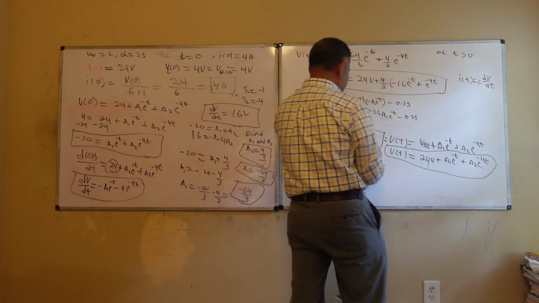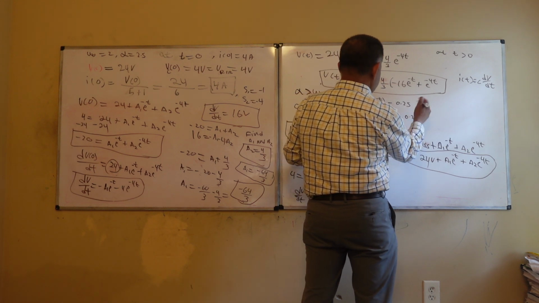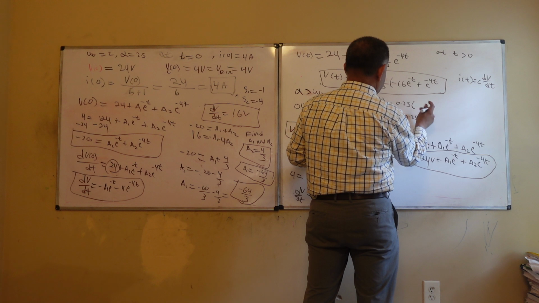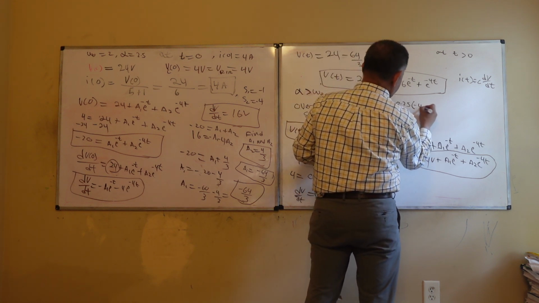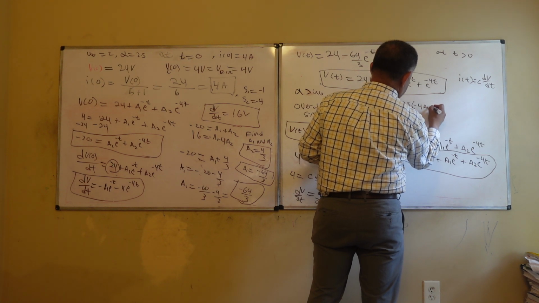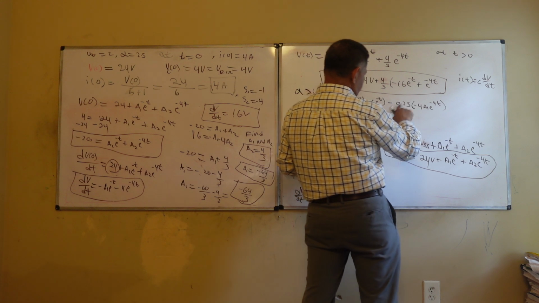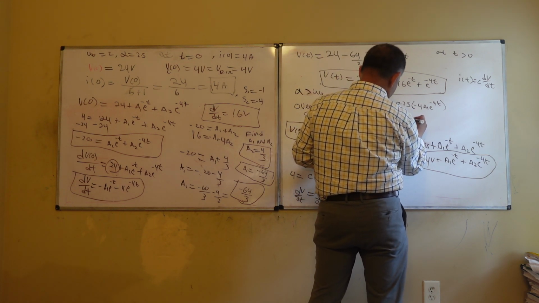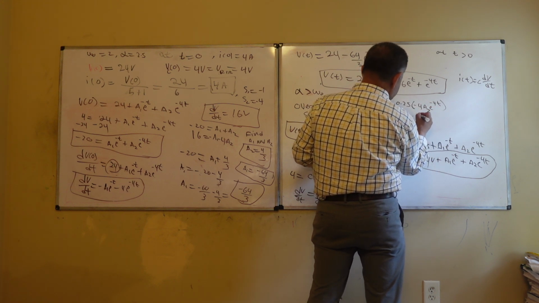And then, okay, let me do it right here. So, negative 4, A1, e to the 4t. Okay. So now when I multiply that, that becomes 1, right? 1, 8 is A2 e to the 4t.